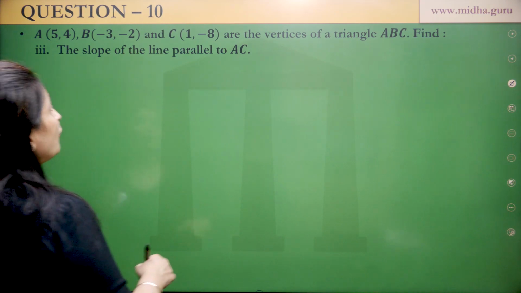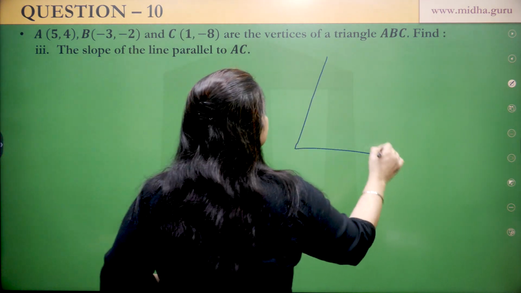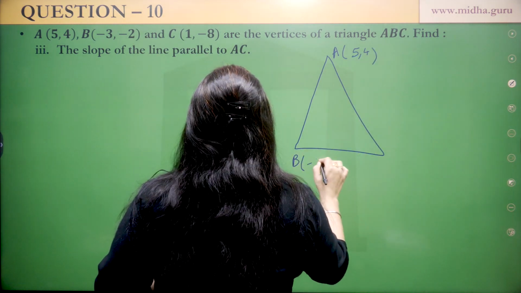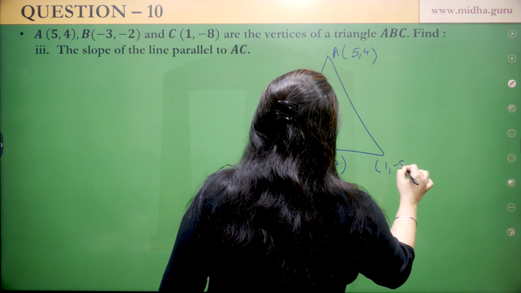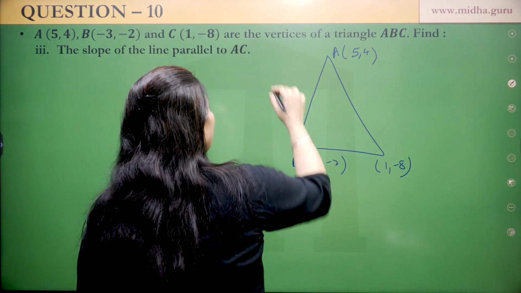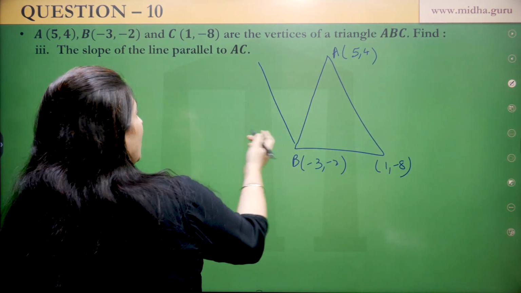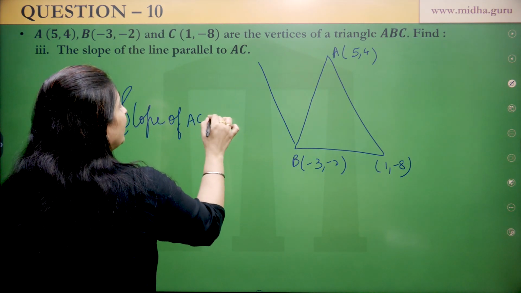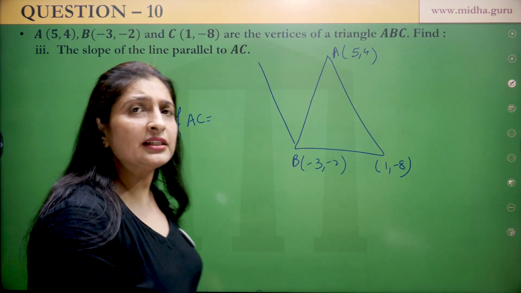Next part, slope of a line parallel to AC. This again is a triangle. We'll write again the coordinates 5, 4, minus 3, minus 2 and 1, minus 8. It can be any line parallel to AC. If the lines are parallel, the slopes are equal. So we'll find the slope of AC. Any line parallel to AC will have the same slope.